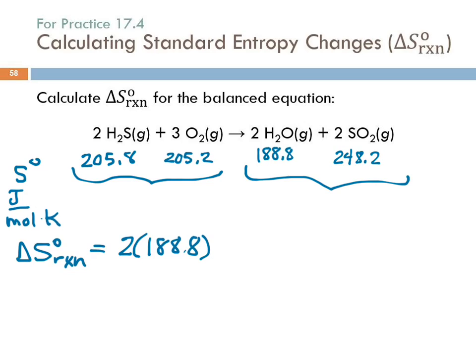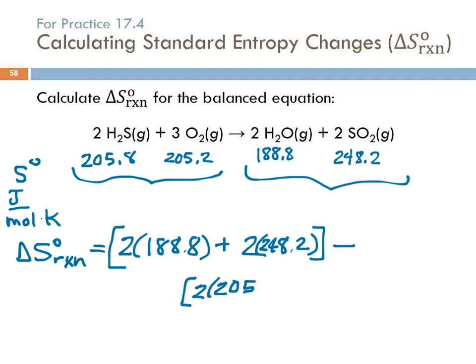I'm going to leave the units out because it gets really messy. Plus 2 times 248.2. So those are the products, minus 2 times 205.8 plus 3 times 205.2.